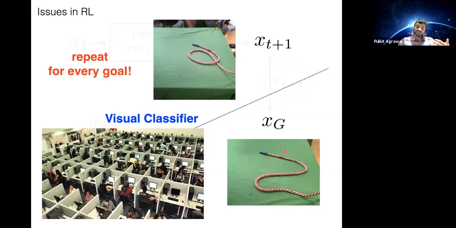And now if you were to change the goal, I'll have to repeat the process and learn one more classifier. So the point being, the policies that we are learning are actually task specific, right? They may not be able to generalize to new goals because just even getting the reward function for the new goal can be quite tough in the general setting.